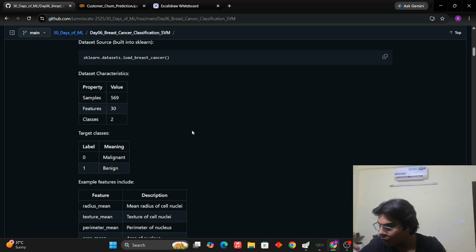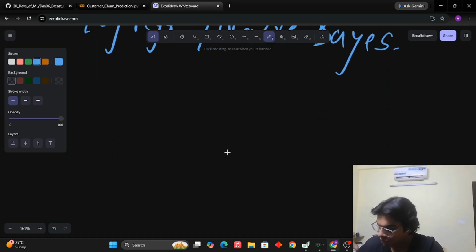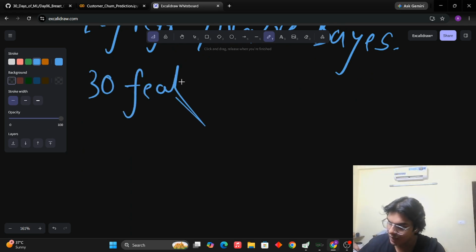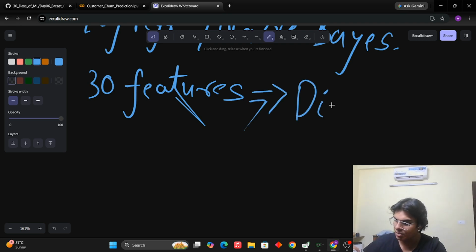Okay, so if I go back to the board and show you, we have got 30 features on our hands. It means that we have got 30 ways to define the masses. Meaning that it's like tumor size, tumor radius, tumor shape, these kind of features. And as we know in machine learning, features and dimensions are interchangeable words.